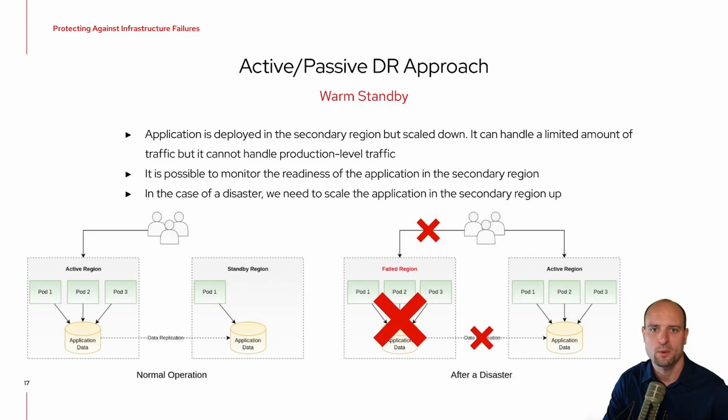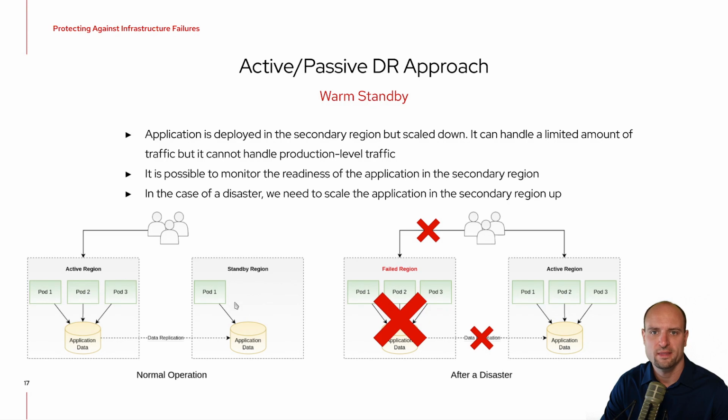The next approach I want to discuss is warm standby. This approach is a further improvement in comparison to previous approaches. With warm standby, the application is deployed into both regions. However, the deployment in the secondary region is scaled down to a bare minimum to save compute resources.